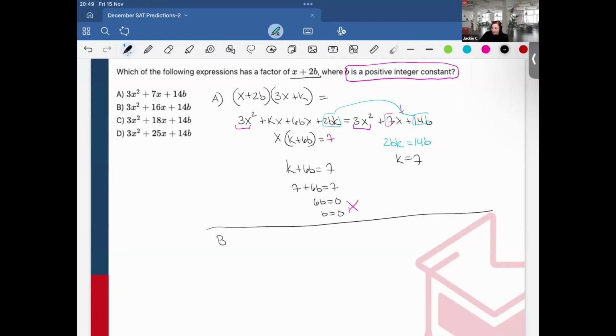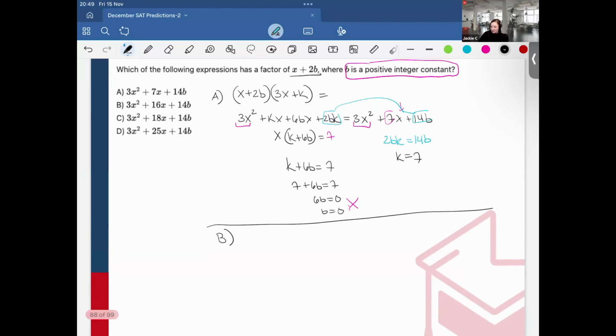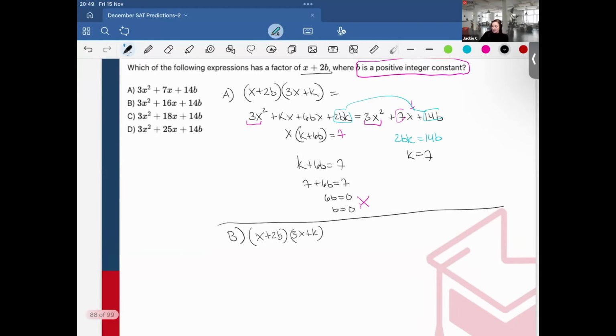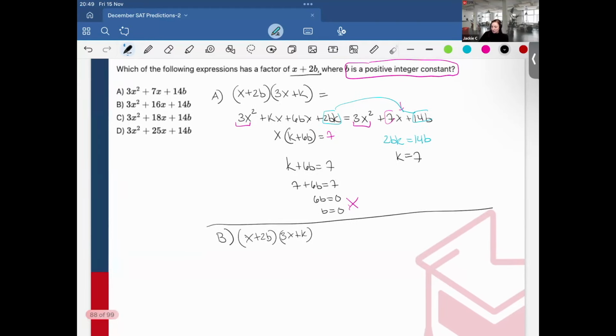However, my expression is going to be the same in each of them. I'll write out one more for B, but it would be the same. I would expand x plus 2b times 3x plus k. It expands to this, so 3x squared plus kx plus 6bx, exactly the same as above.